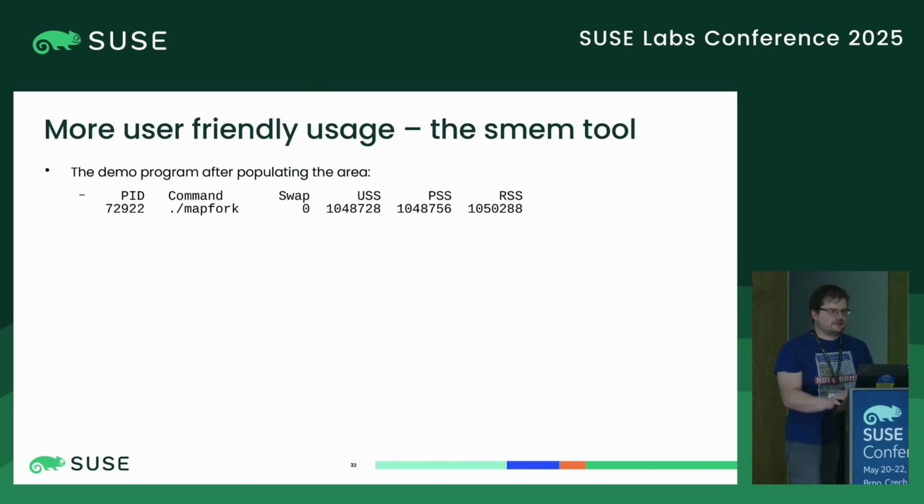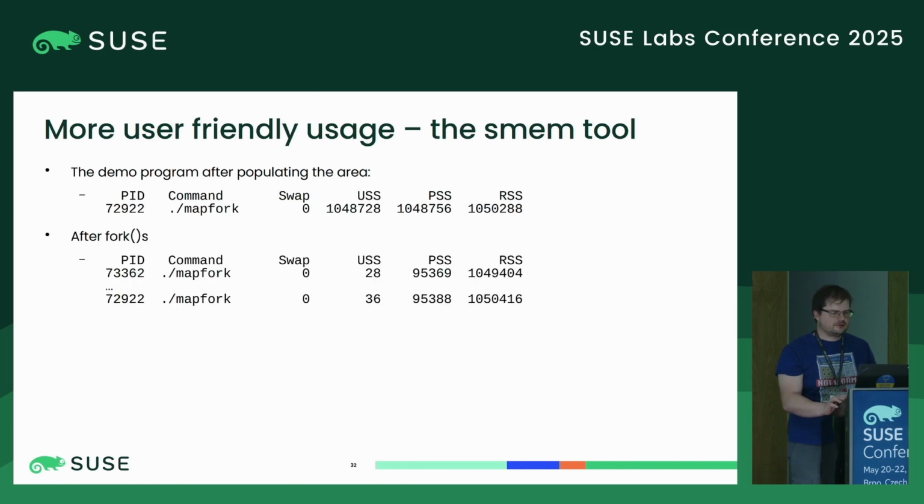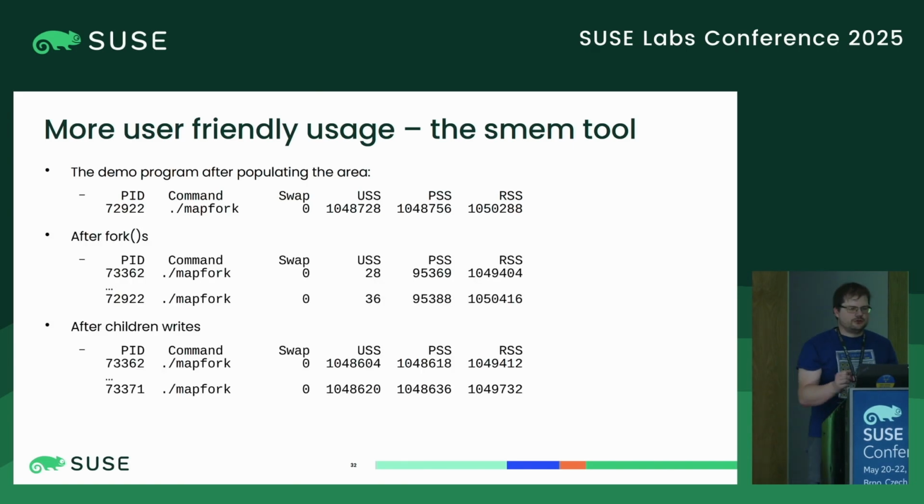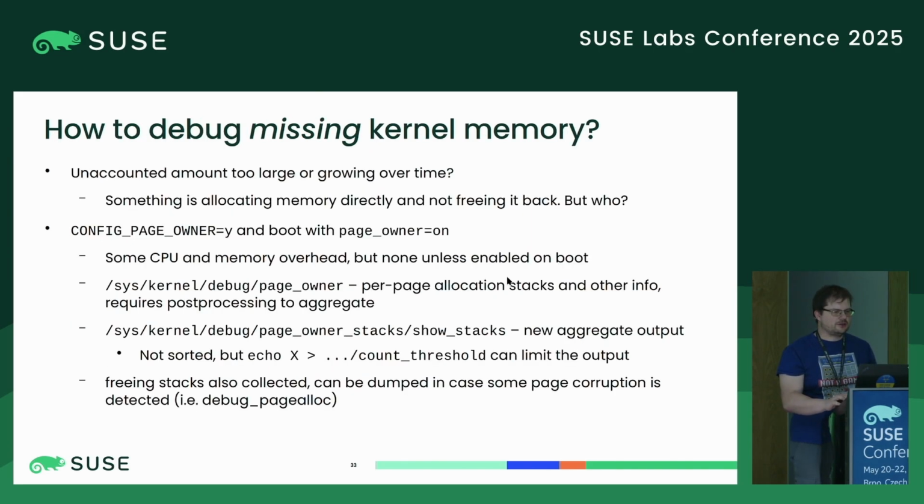And to have this more user-friendly, there's a tool called memtool that can show you this output similarly to ps, and we can see that the PSS counter now works, because after the fork we have values that would sum up to 1 gigabyte, and not the RSS value that looks like every one of them has already a private gigabyte of memory.